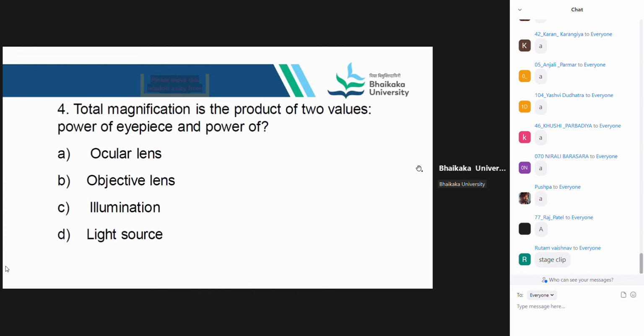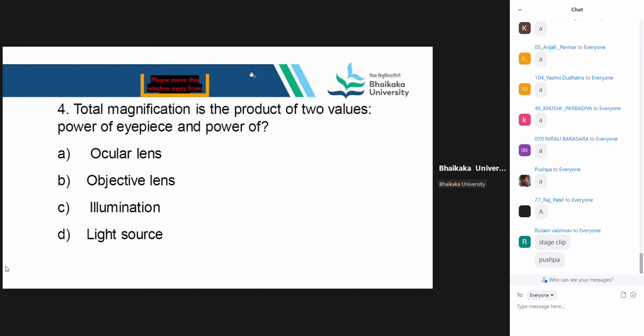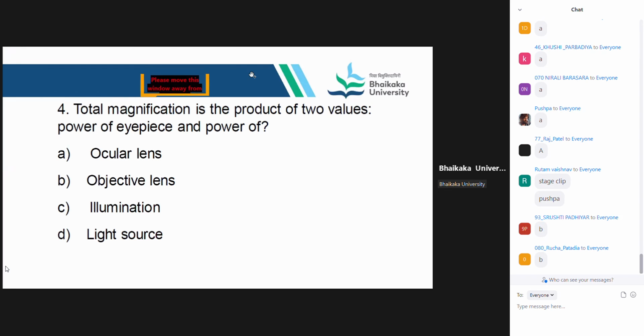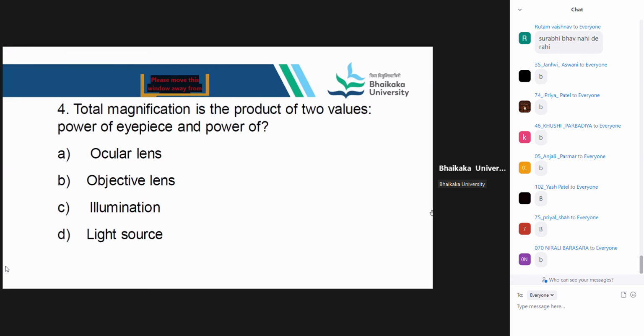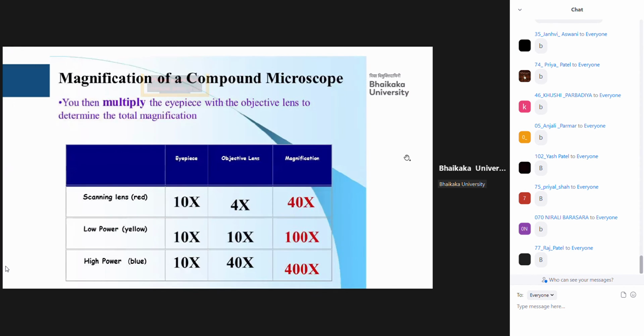The next question: total magnification is the product of two values, that is, the power of the eyepiece and the power of... yes, the objective lens. As the ma'am has told us, for the magnification of a compound microscope, we multiply the eyepiece and objective lens power to determine the total magnification.